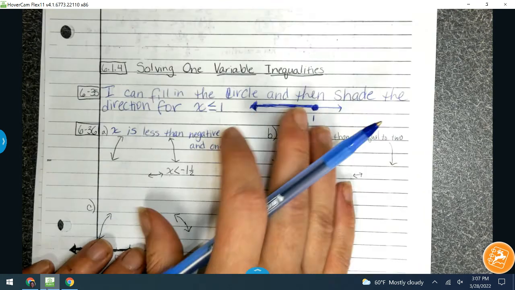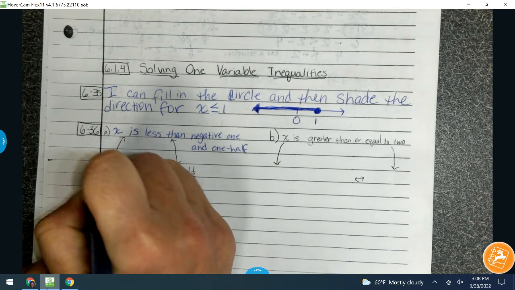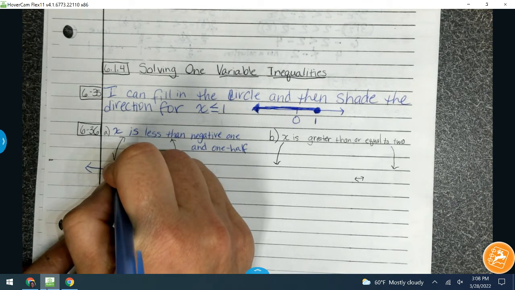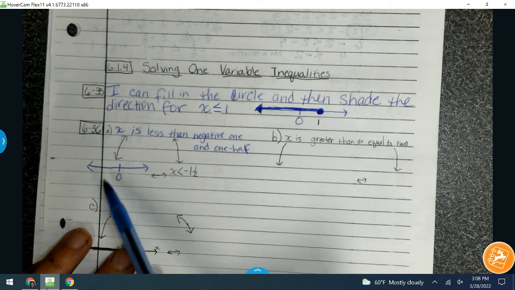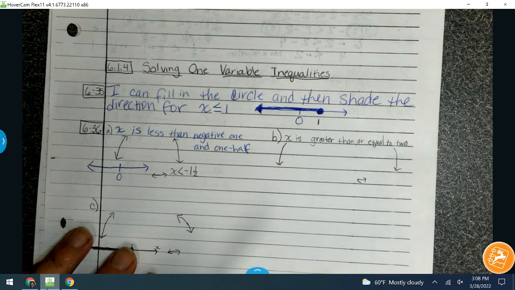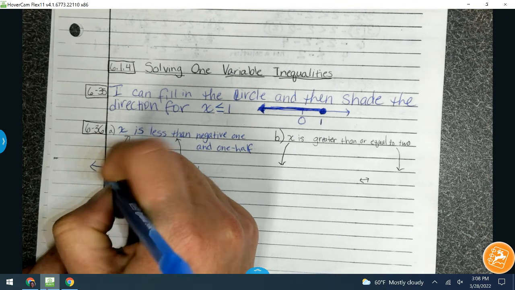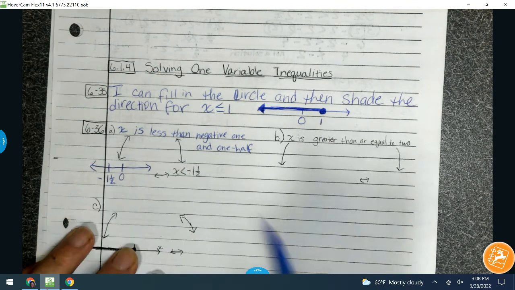Now we're going to do the graph for this one. Again, I have my line with two arrows, which must be there. I have my 0 to anchor it. When I grade a test, I'm going to look for that 0. I need to find my negative 1 and 1/2, which should be to the left of my 0.